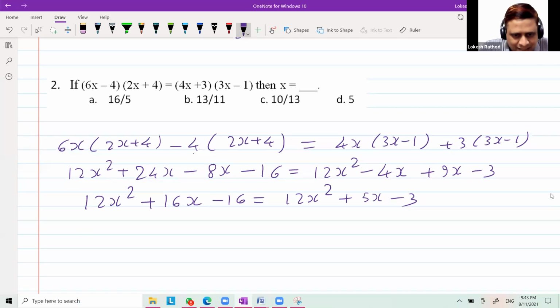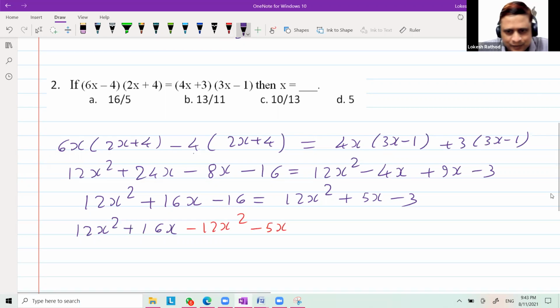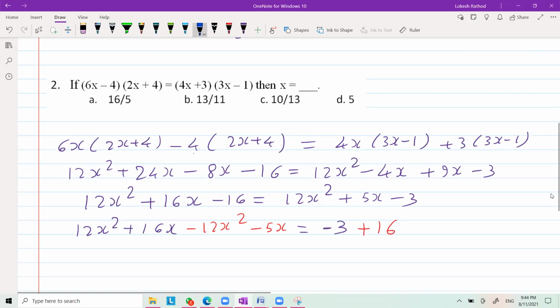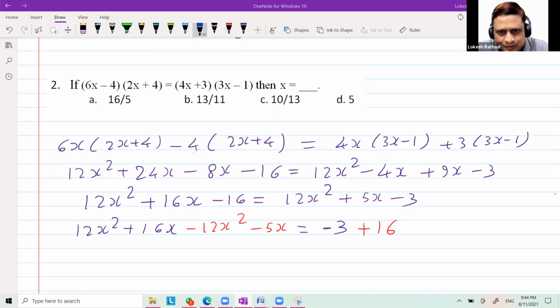So left hand side I have 12x square plus 16x, and this 12x square from the left hand side will come to the right hand side, so it's minus 12x square minus 5x. And this side I already have minus 3. This negative 16 goes to the right hand side and becomes plus 16. Is this clear? Fine.